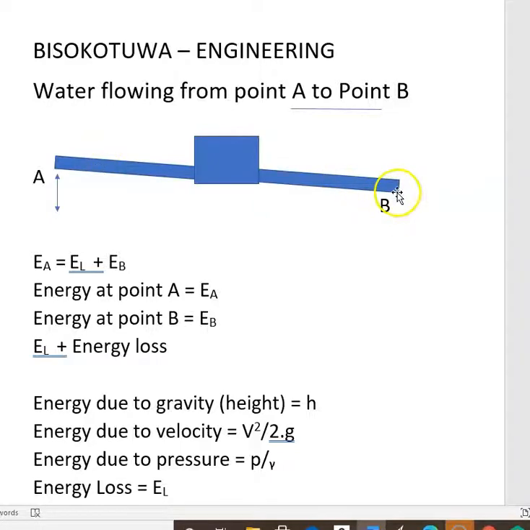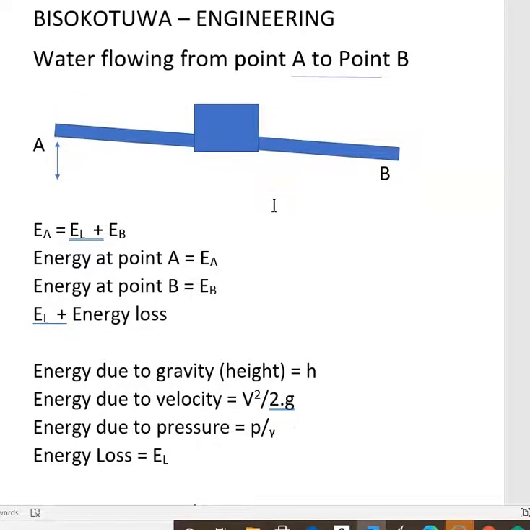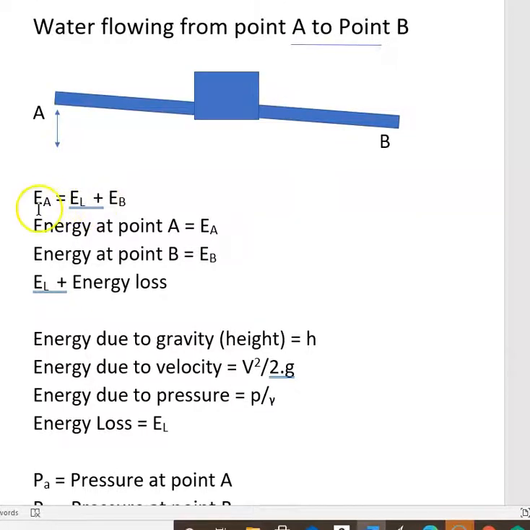So your kinetic energy, the water flow coming out, is much less than without this structure. So we could have this equation: energy at point A is equal to energy loss in this structure, in these conduits and in the Bisokotuwa, plus energy at point B.